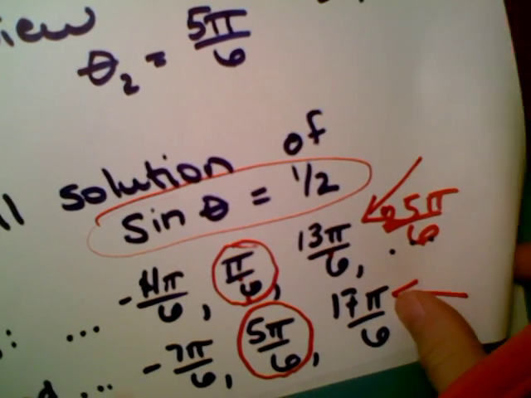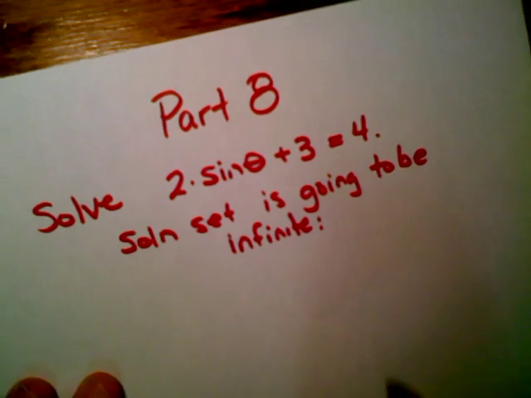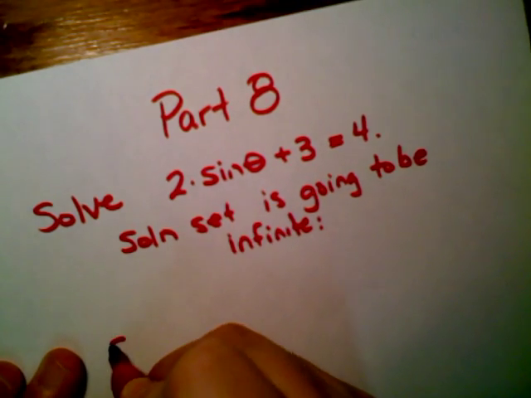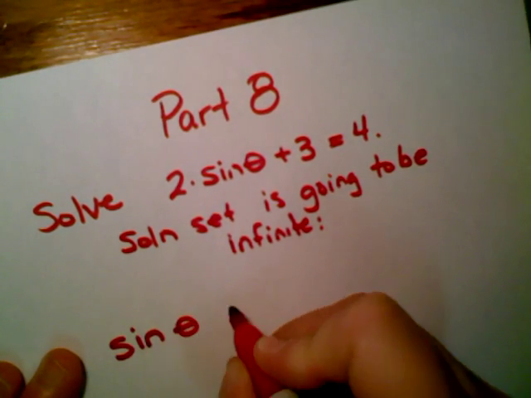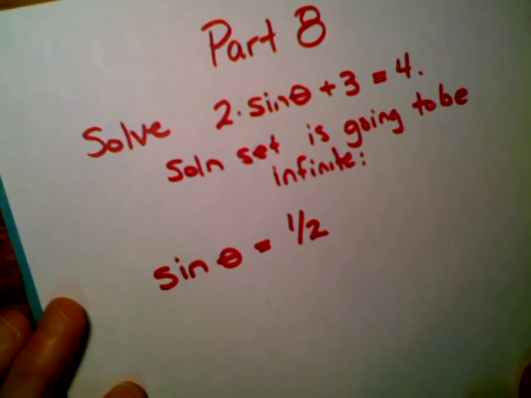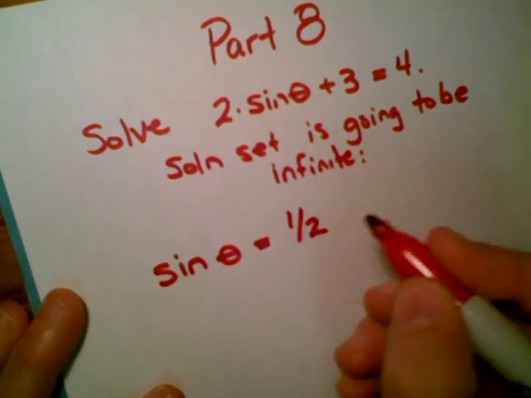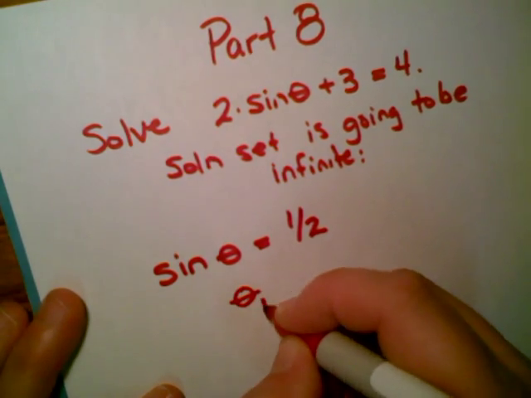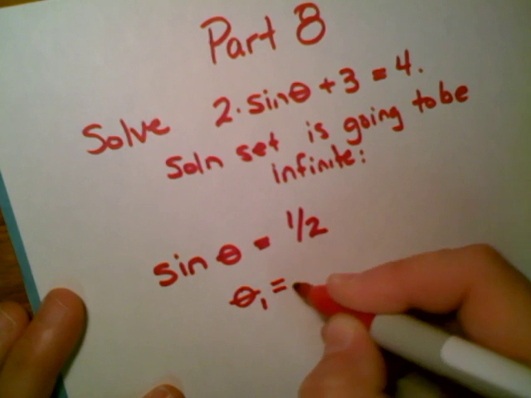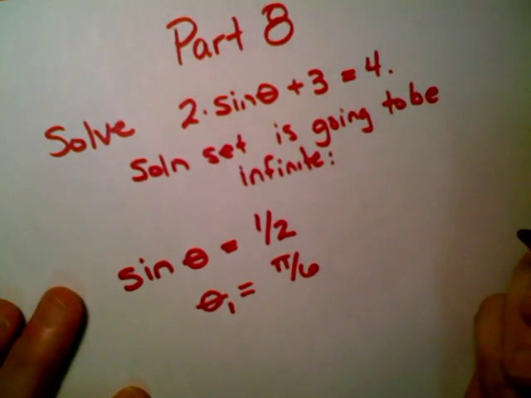Okay, so back to the beginning. We had isolated sine of theta, and on the right-hand side of the equation, we had gotten 1/2. Using a calculator, we got our first value of theta as a solution.